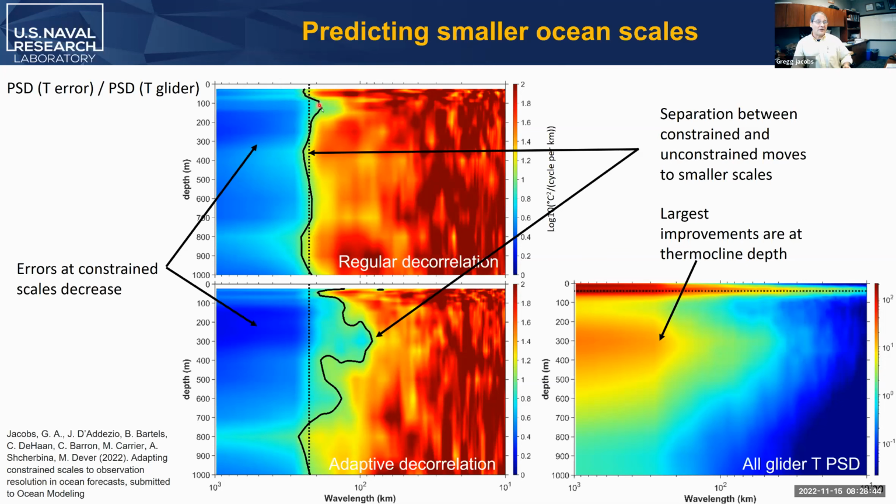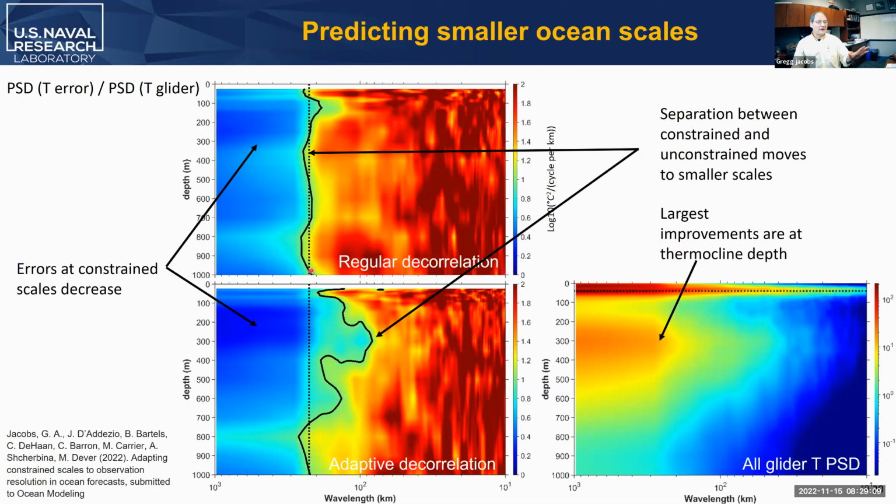But on the plots on the left, the top one is from the regular experiment using the regular decorrelation scale. And this dark contour, the black contour line is where the error is equal to the variability of the ocean. So areas where the errors are less, that's where we have skill. Areas where the errors are higher, that's where we don't have skill.